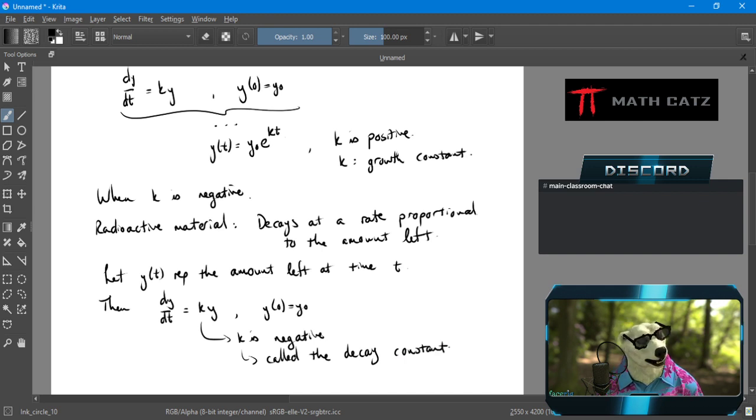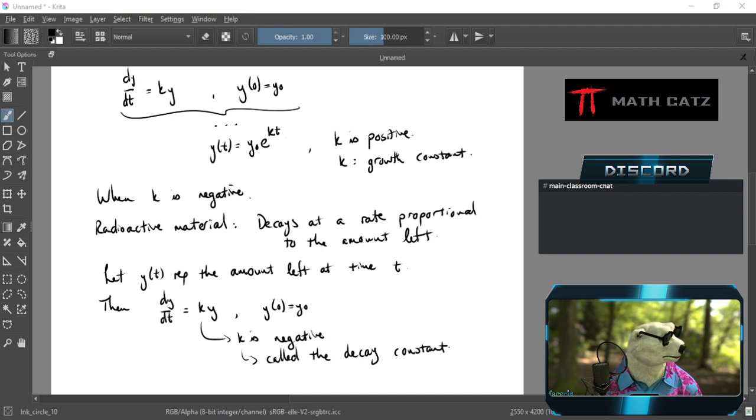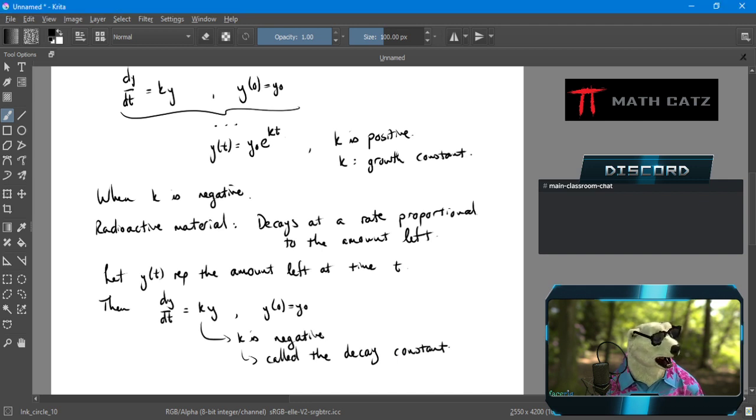But I have a very similar situation to what I've had before. It's the same differential equation in appearance, it's just that the k constant is now a negative number. So how I'm going to solve this isn't going to change because the differential equation looks exactly the same.